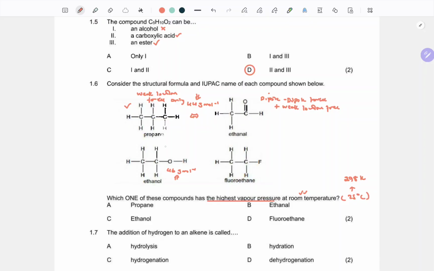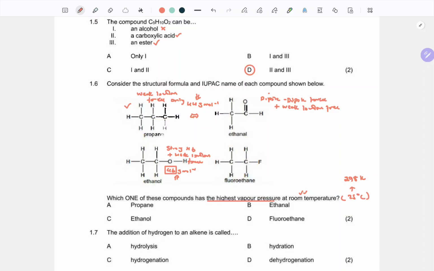But again, with alcohols, we know that there's strong hydrogen bonds plus the weak London forces. But the problem is that, guys, the catch with this, if this molecule was smaller in terms of molar mass, it doesn't matter that it has strong hydrogen bonds. It may actually not have the same strength compared to a much stronger molecule which may not have hydrogen bonds.